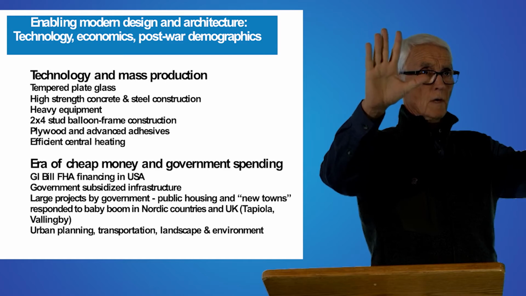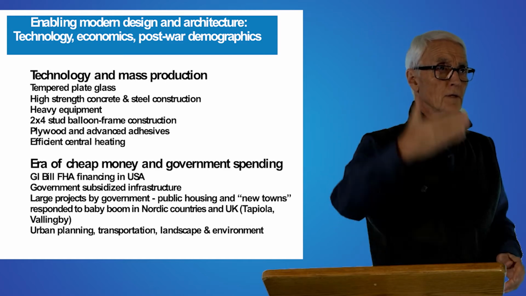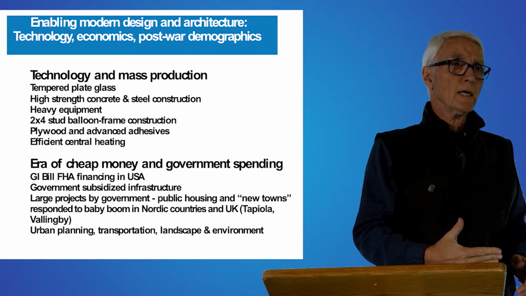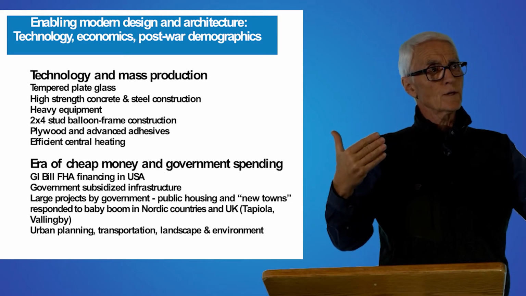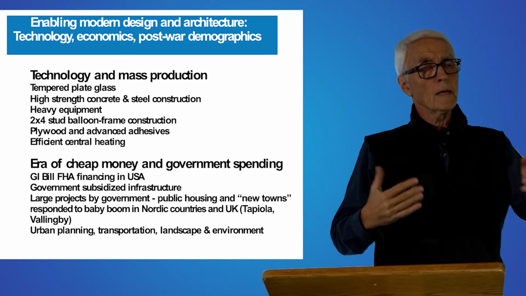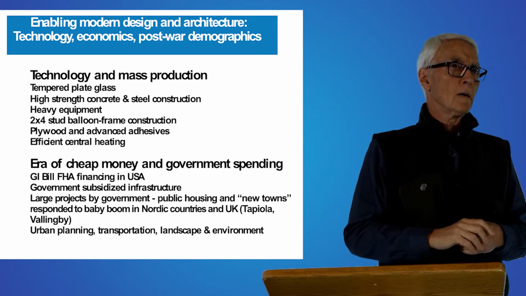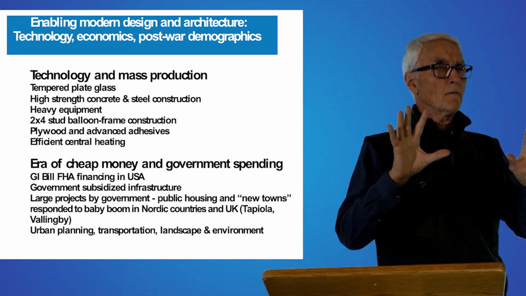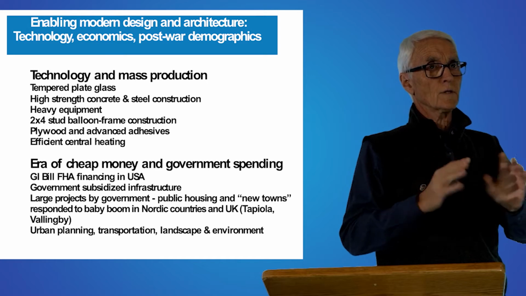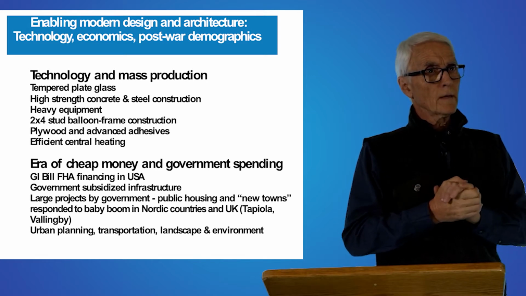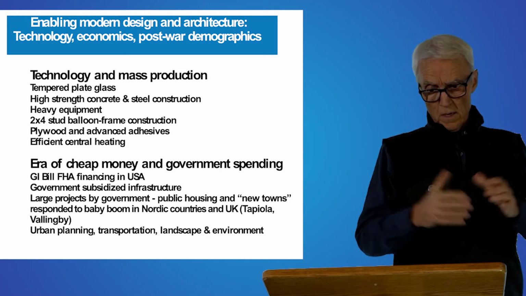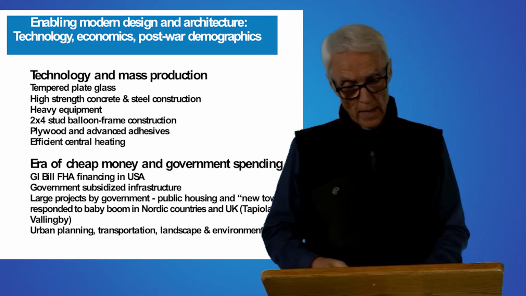Those walls go up, the plywood sheathing is nailed to the exterior skin. The interior between the studs is filled with insulation. It's pre-wired, pre-plumbed, and then you put on the sheetrock. It's a remarkable advancement in order to build houses, and it became very important after World War II when we had literally millions of houses demanded by the baby boom.